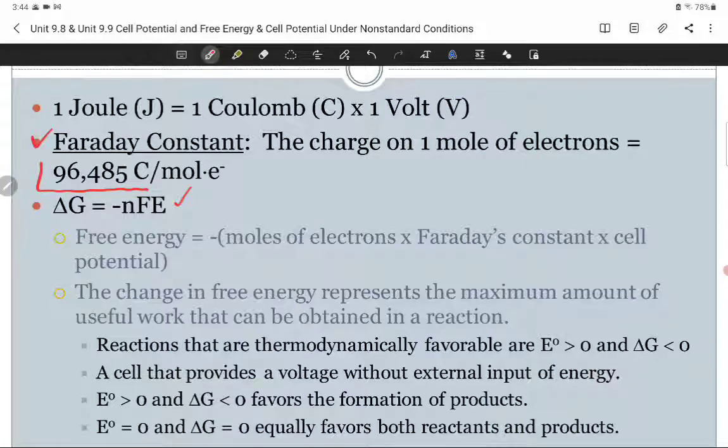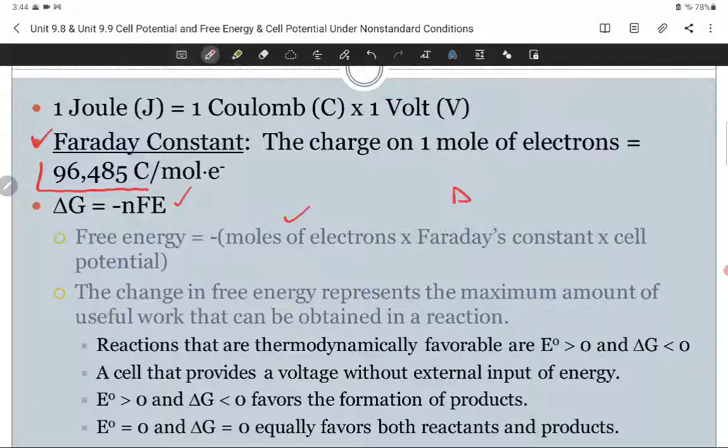And then we also have an equation that deals with free Gibbs energy, but it also deals with E-cell. So n is important, and we'll have to be able to identify how many moles of electrons are being transferred in the chemical reaction. And then we'll have to solve for E-cell generally to be able to solve for free Gibbs energy.